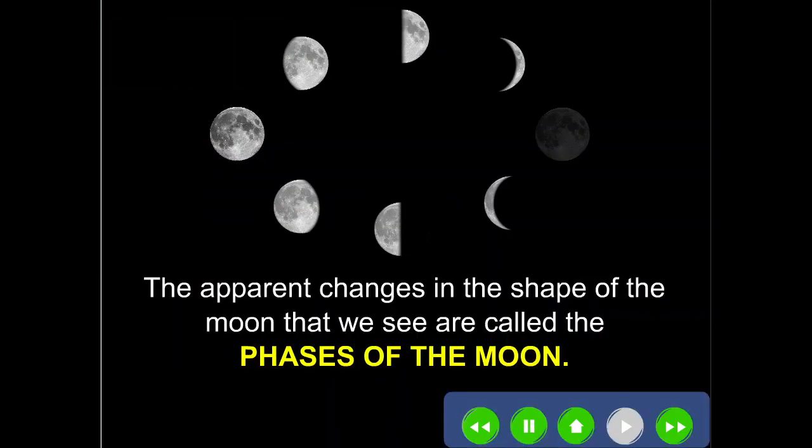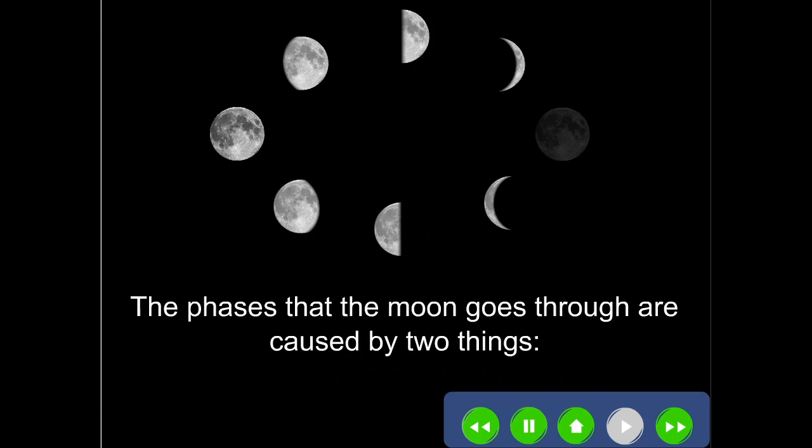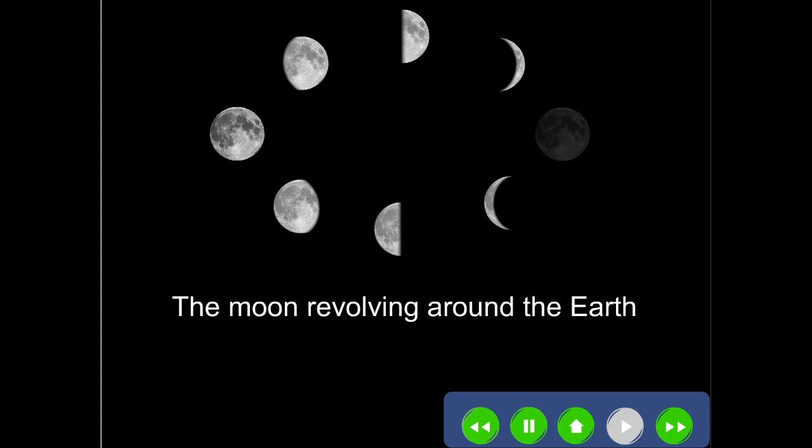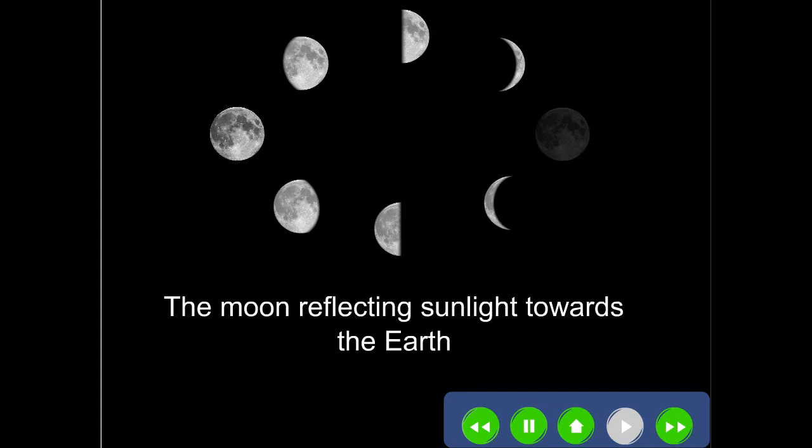The apparent changes in the shape of the moon that we see are called the phases of the moon. The phases that the moon goes through are caused by two things. One, the moon revolving around the Earth. And two, the moon reflecting sunlight towards the Earth.